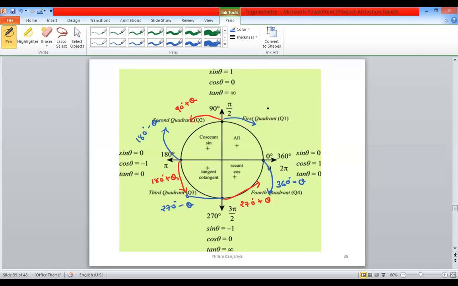Theta will be added or subtracted? My question is, if I'm on the 90 point and I want to go to 0 point, can I add the theta or can I subtract the theta?